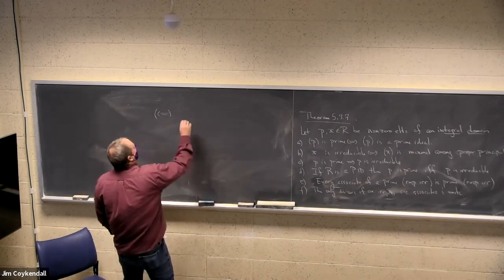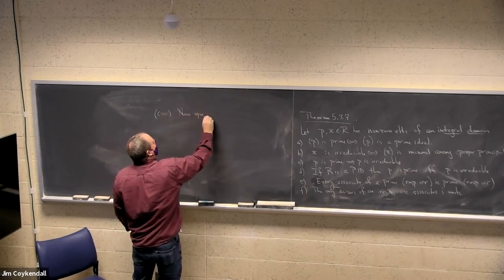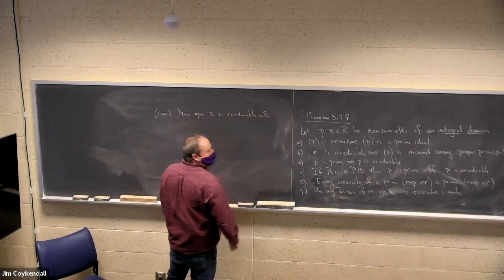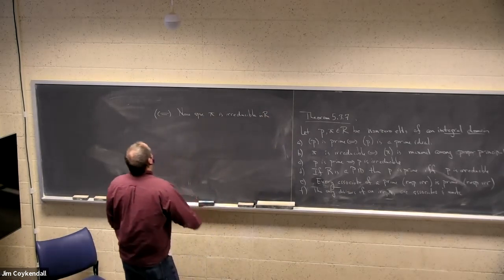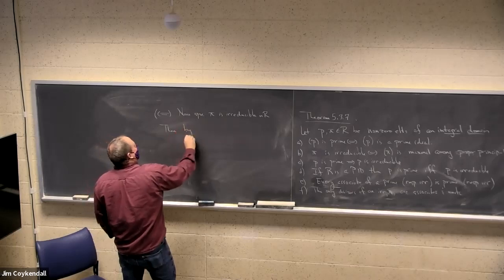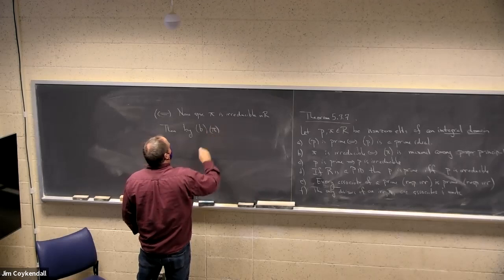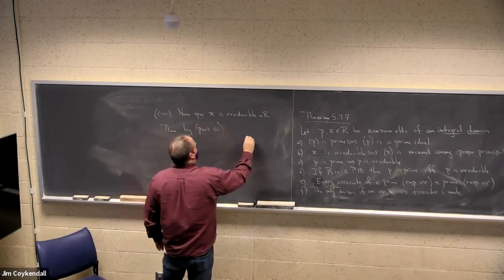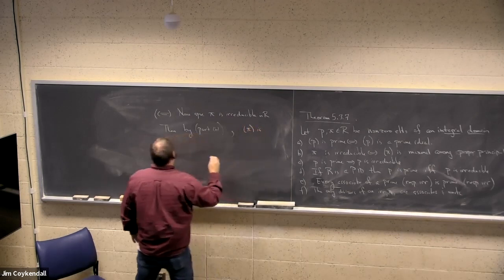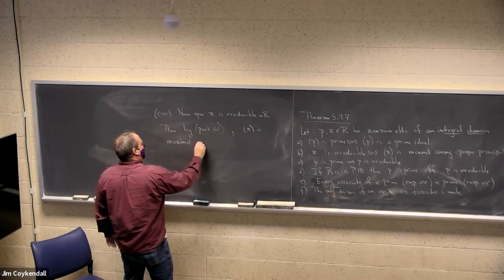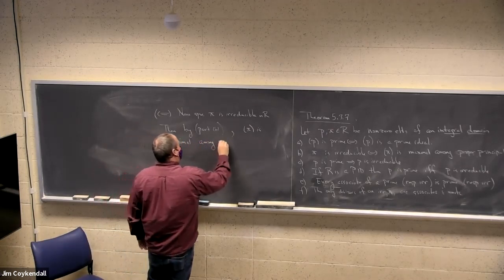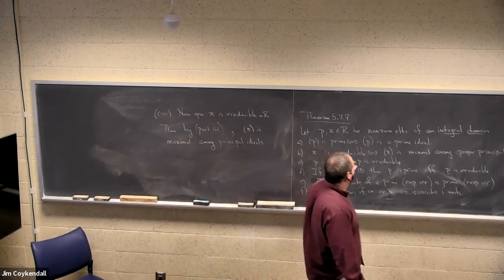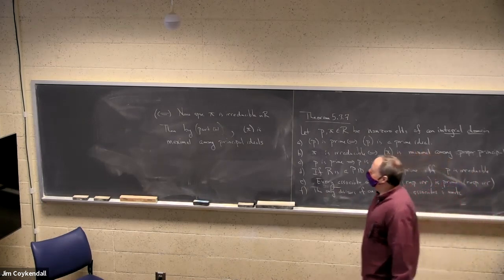I use B. Now, suppose P is irreducible. Then by B, part B says that an irreducible element is maximal among principal ideals.